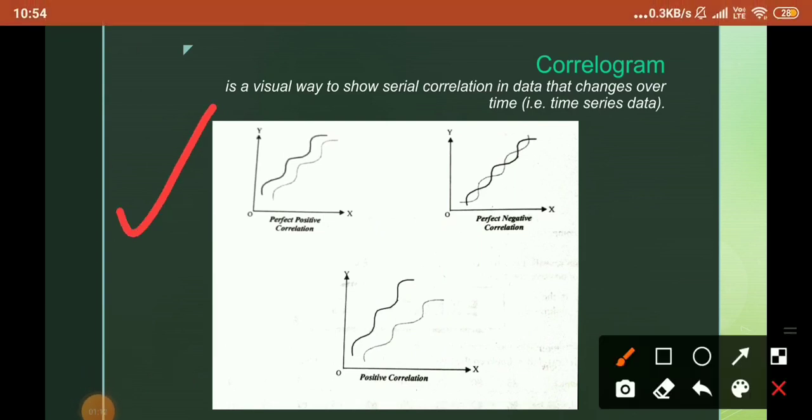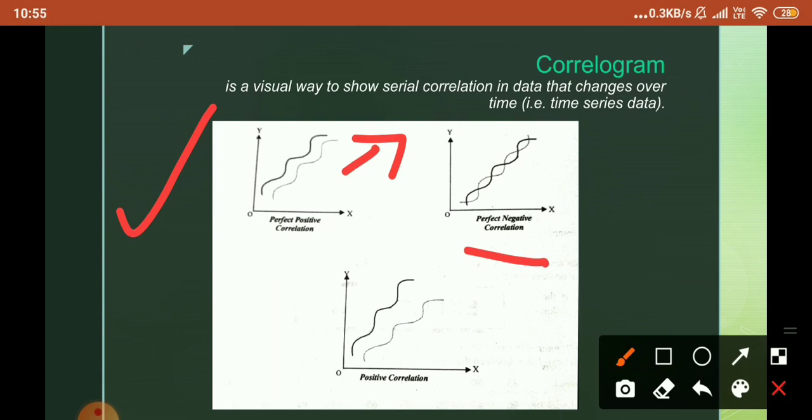First is perfect positive correlation: both graphs are of the same type and going upward. Next is perfect negative correlation, where the graphs are not of the same shape but of opposite shape.